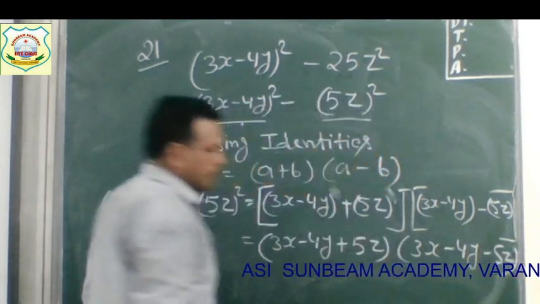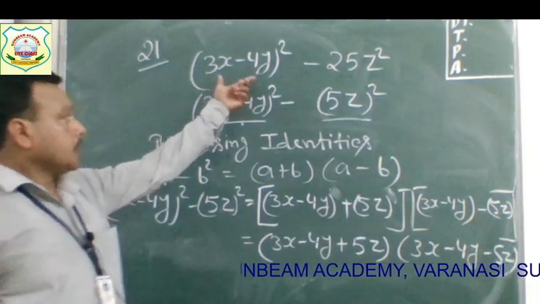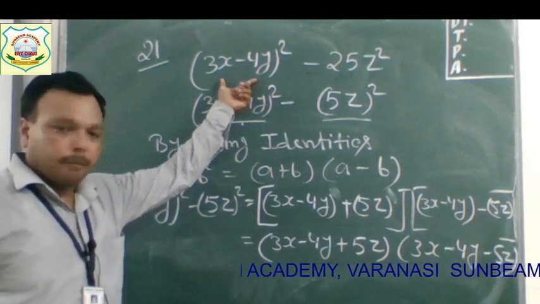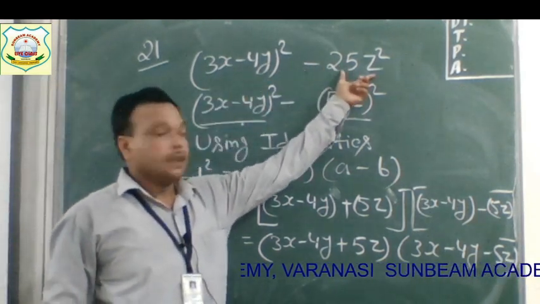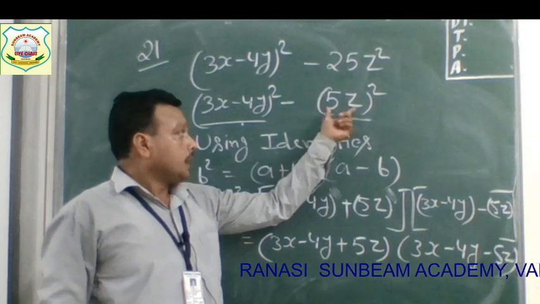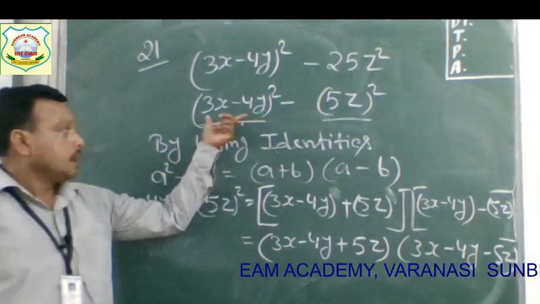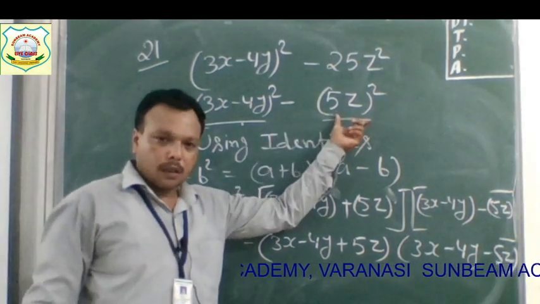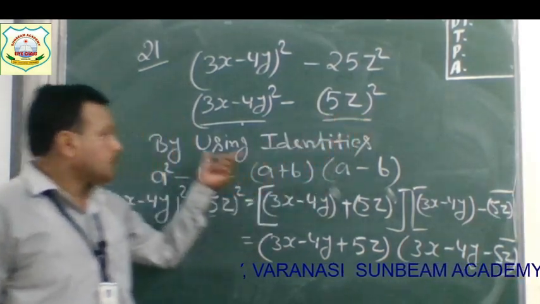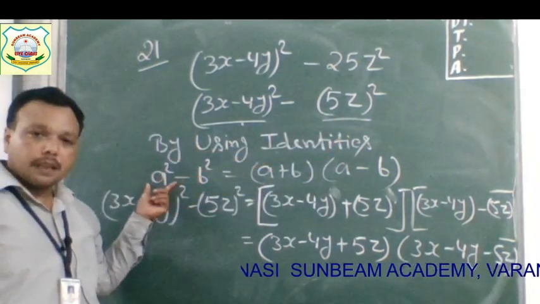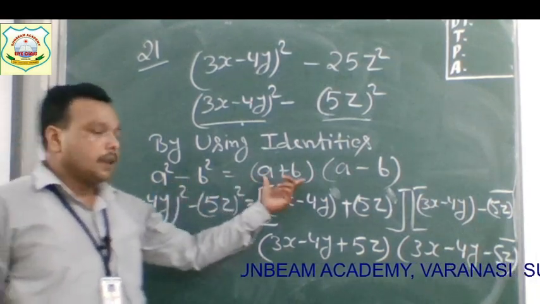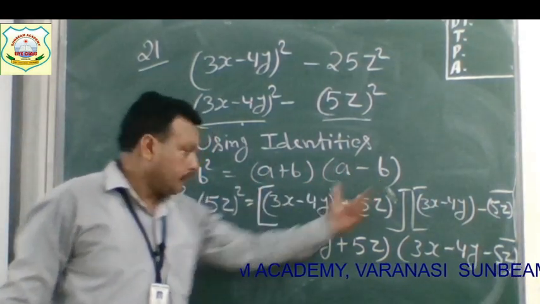Students can see what we have done: (3x minus 4y) whole square is given minus 25z square. So 25 is 5 square, (5z) whole square. Now we have a square minus b square. So which identity can we use here? By using the identity a square minus b square is a plus b and a minus b.